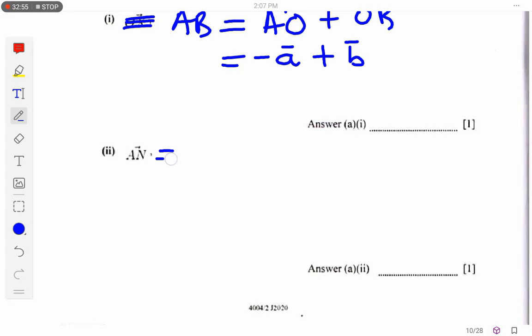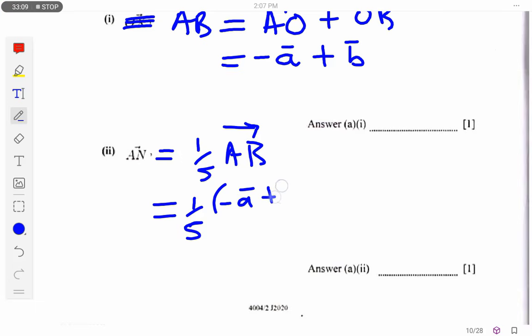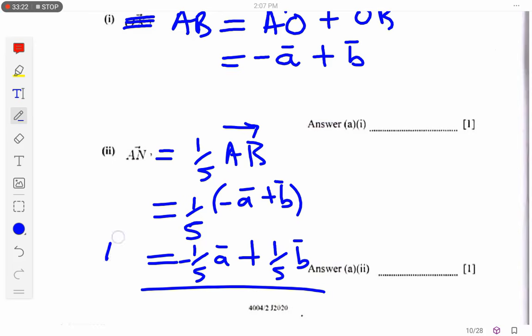It's the AB that we have just calculated, so we simply multiply 1 over 5 by minus A plus B. If you want, you can leave it like that, or you can remove the bracket and it will be minus 1 over 5A plus 1 over 5B. This will be your AN.